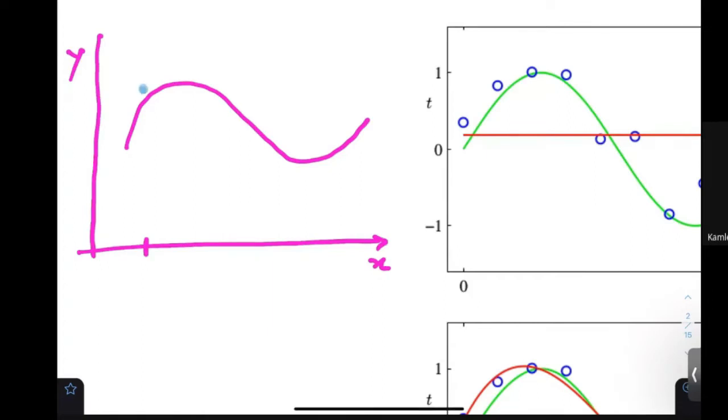Similarly, when X is this, this is the value, but you would be getting this value. You sample multiple points, and the data that you are actually going to get is not going to be exactly on the curve. Is this part clear to everybody?